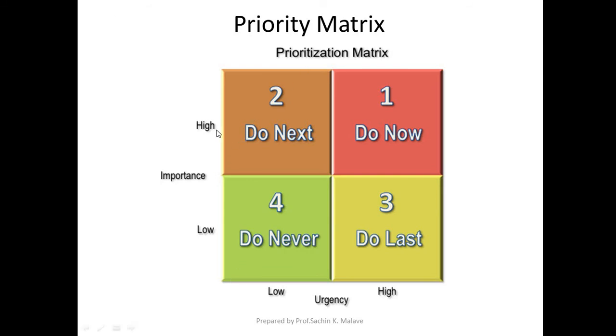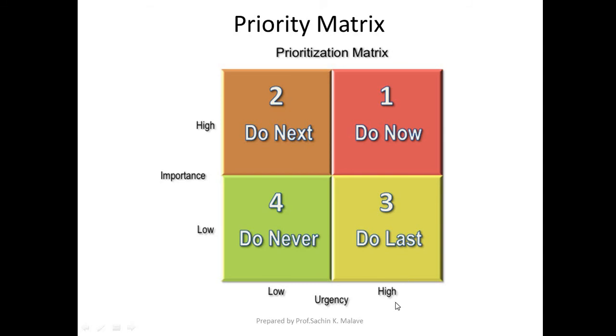Here there are two parameters: importance and urgency. High importance, low importance, low urgency and high urgency. So you can see it is a 2 by 2 matrix again. Cell number 1 indicates high importance as well as high urgency.